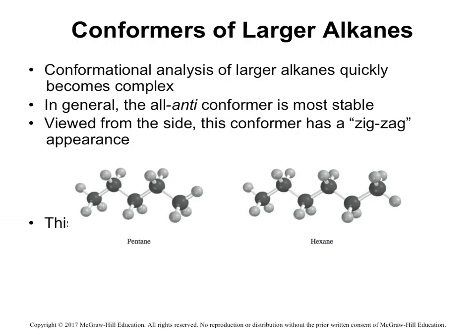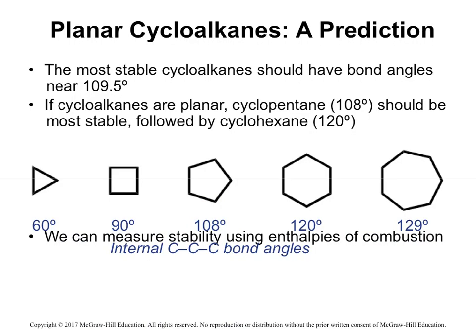Okay, so I've already mentioned this next point with respect to pentane. So what happens when they form cyclical groups, become cycloalkanes?